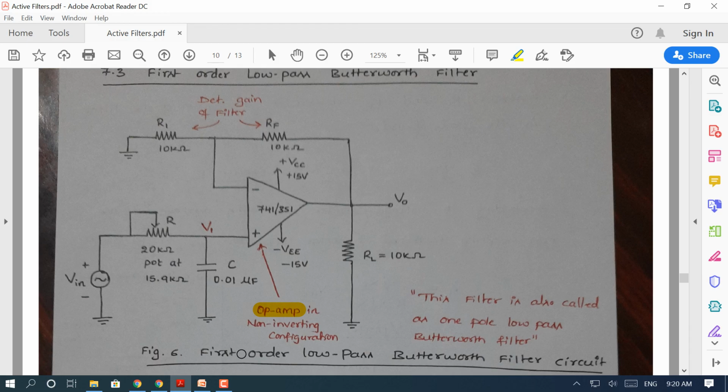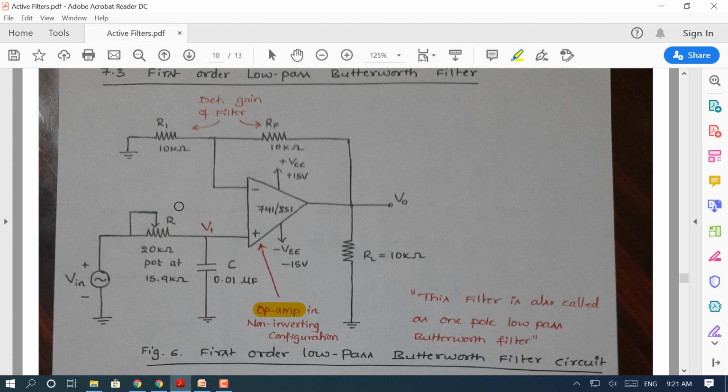So this is a first order low pass Butterworth filter. Also we can observe there is only one RC section here. Therefore this can also be called first order. If we employ two RC sections in this path, that filter can be called a second order filter, and obviously the roll off rate is going to be more, minus 40 dB per decade for the second order filter.